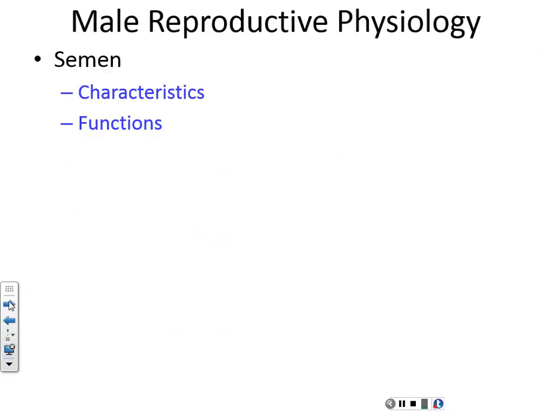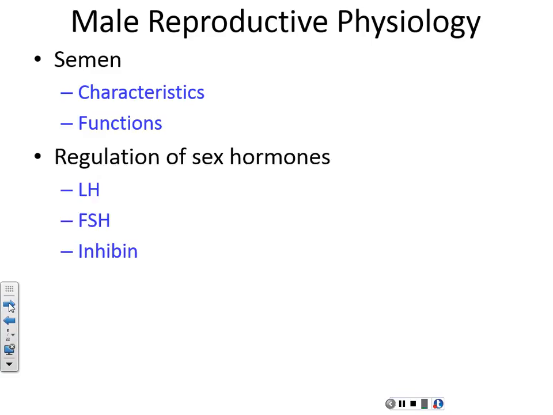What else we got here? Semen, of course. You gotta know the characteristics of semen. It's a white, sticky fluid, all right? And the function of it, of course, is to nourish the sperm cells. Seminal vesicle secretions have fructose in them, okay? And they also have clotting proteins in them, okay? And then the prostate will produce some enzymes that will break down these clotting proteins so that it becomes sticky.